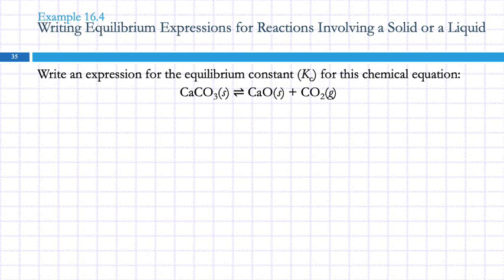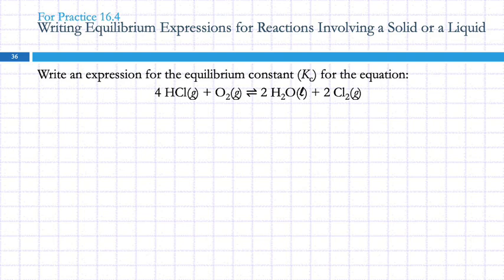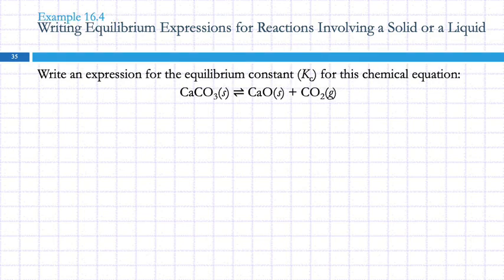Okay, so let's do this one. Write an expression for the equilibrium constant, Kc, for this chemical equation. I'll give you a minute to work on that. Okay, what'd you come up with? Kc equals just the concentration of CO2.